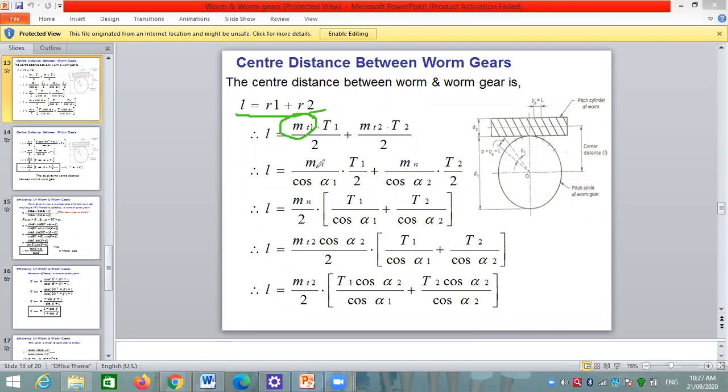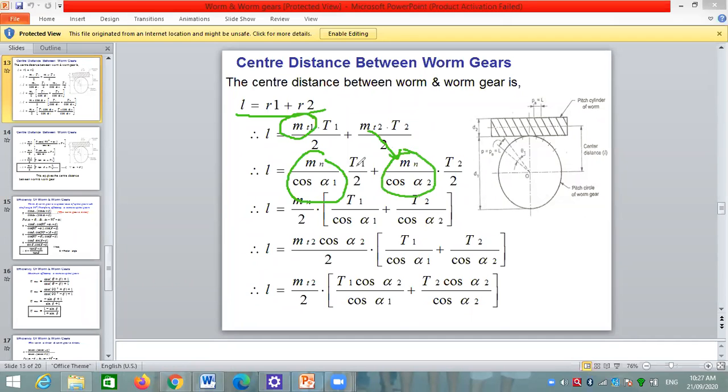is equal to Mn divided by cos of alpha 1. MT1, that means a transverse module in terms of normal module, is equal to normal module divided by cos of the helix angle. Therefore, MT1 is equal to Mn divided by cos of alpha 1, and MT2 is equal to Mn divided by cos of alpha 2.